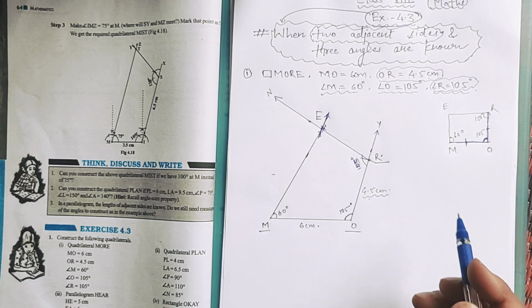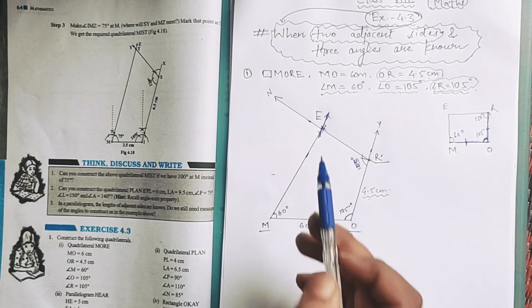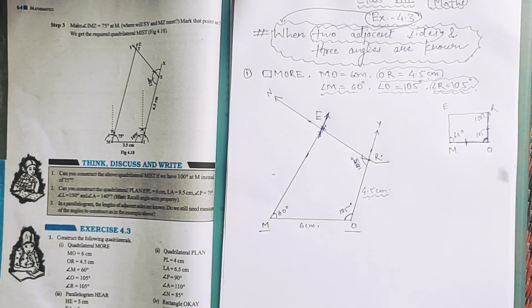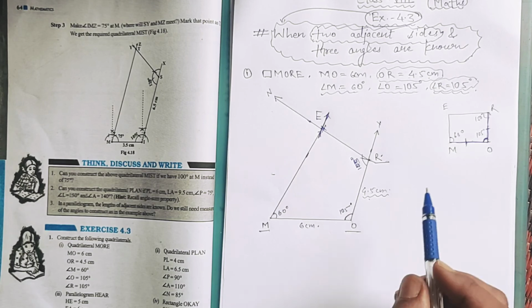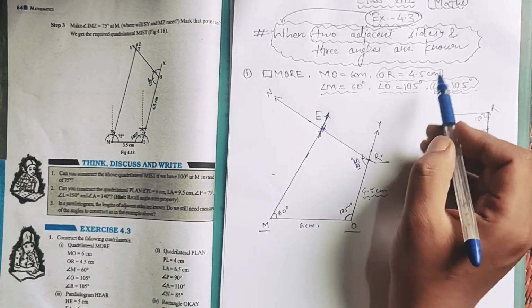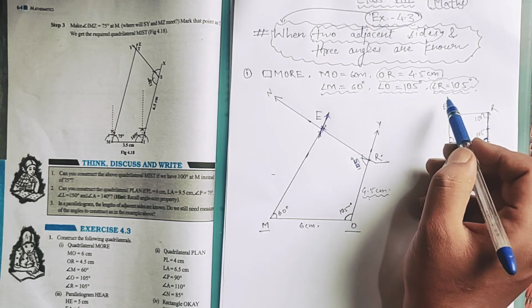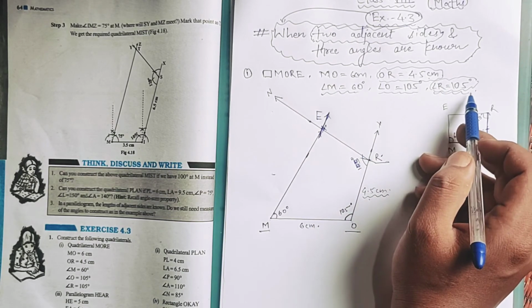Now in the last step we have to find the fourth point of the quadrilateral, the fourth vertex. So what we have to do, we have to check one more thing that is given there. So there is angle R equal to 105 degrees given.